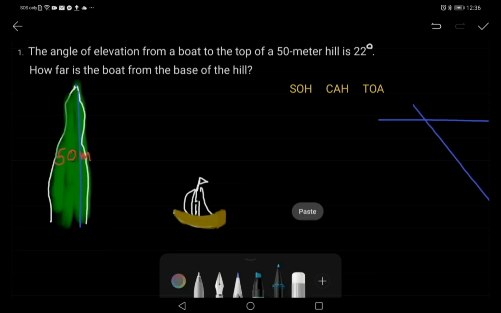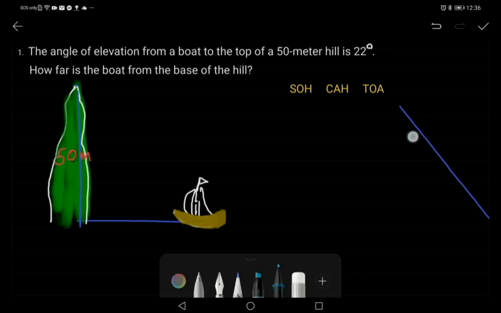Then we will draw a line from the base of the hill to the boat. So this is the distance from the hill to the boat, and we will draw a line, and this is the line of sight from the boat to the top of the hill.